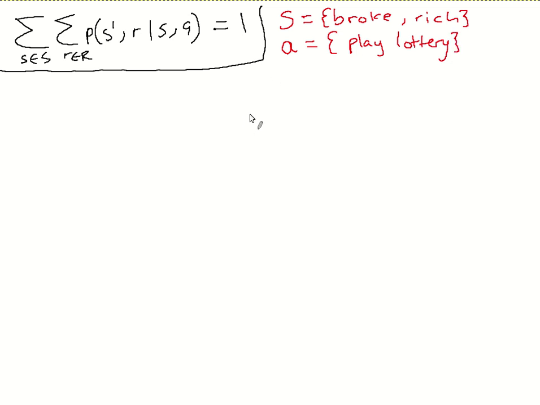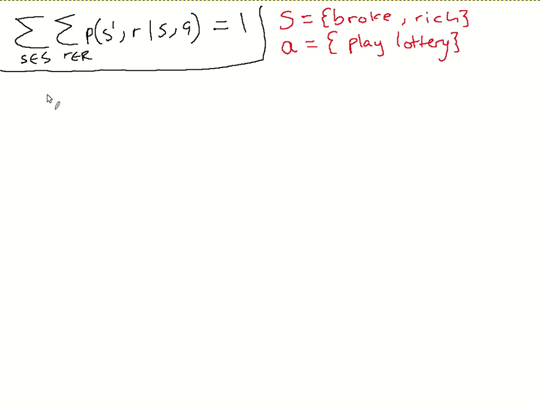So while this problem by itself is not that interesting, it is simple enough to show us what these transition probabilities actually are. So let's look a bit at what the outcomes of this model that we described could be. Right? So say that you decided to take the action to play lottery.